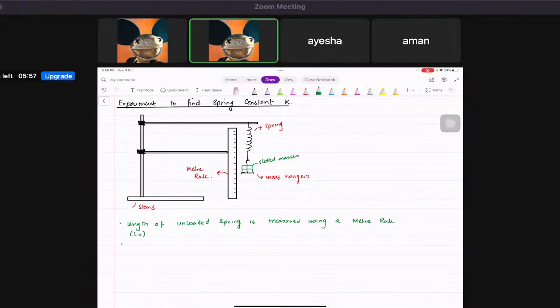Then slotted masses of various values are added to measure the loaded length after each increment, and that length would be Li.